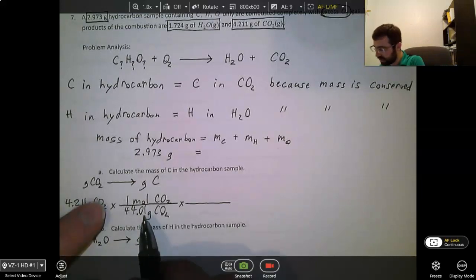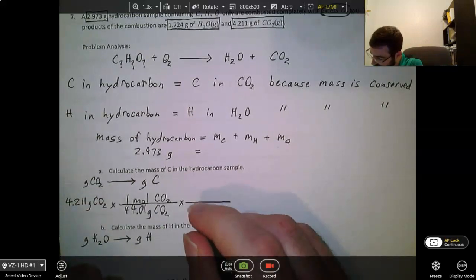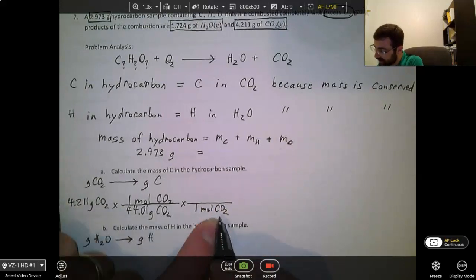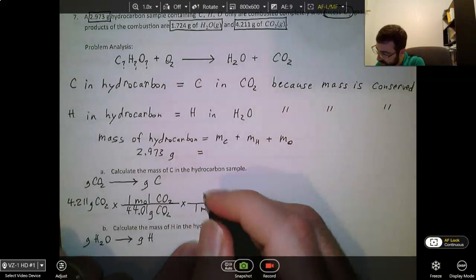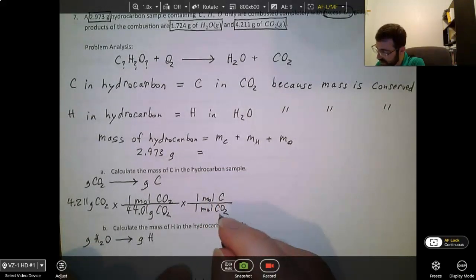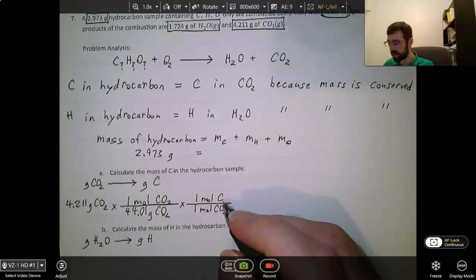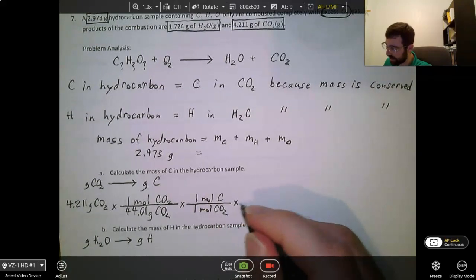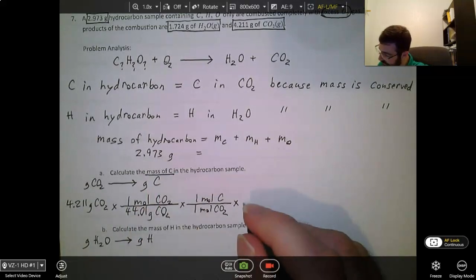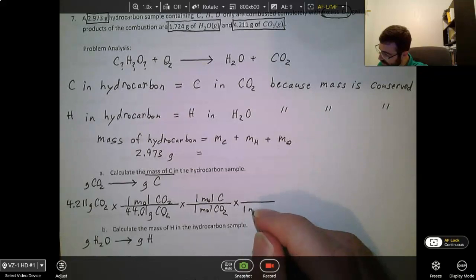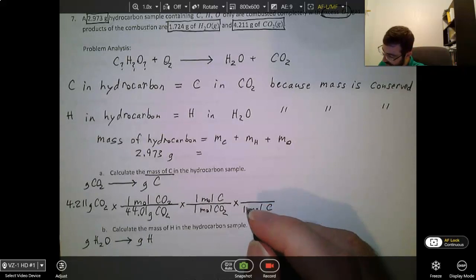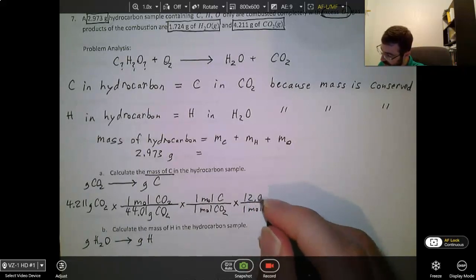So 1 mole of CO2 is also equal to 1 mole of carbon. I have 1 mole of carbon in 1 mole of CO2 because there's no subscript for this. Now I have a mole of carbon. I want to find how many grams of carbon I have because I'm looking for the mass of carbon. So 1 mole of carbon has a mass of 12.01 grams.